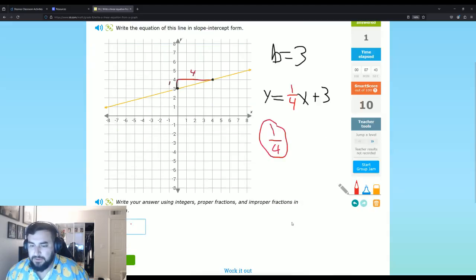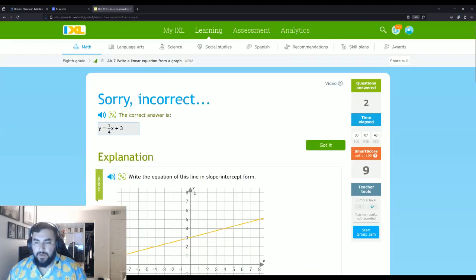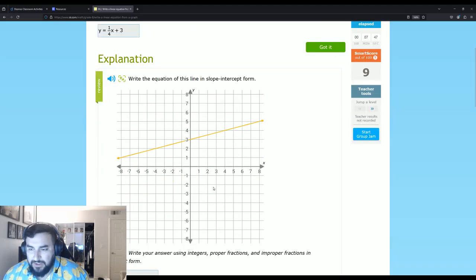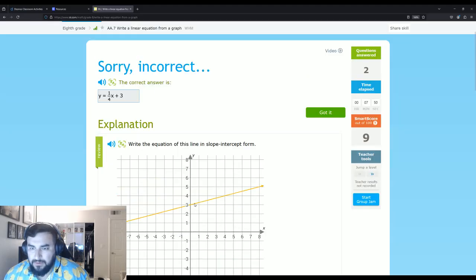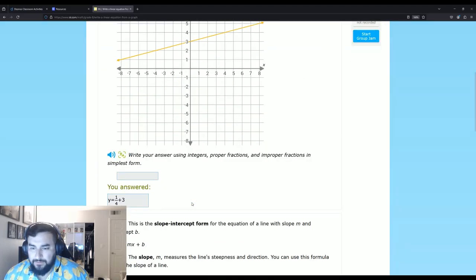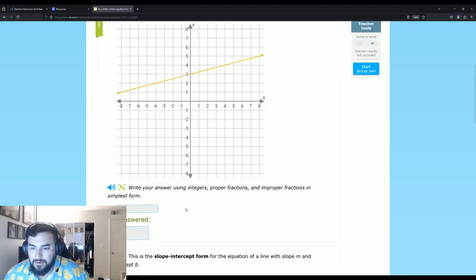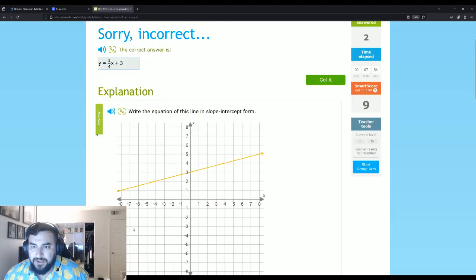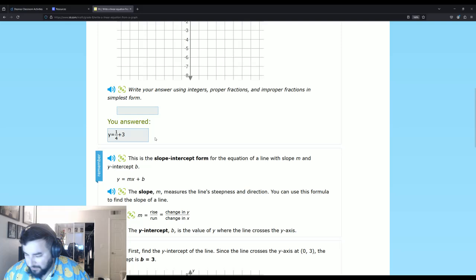And hit submit. We got it incorrect. How did we get it incorrect? What did I put? You answer, oh my gosh, Mr. Smart, I made a mistake. Look what happens when you go too fast, guys. Because on paper, I wrote down the correct answer, which was y equals 1 over 4x plus 3.